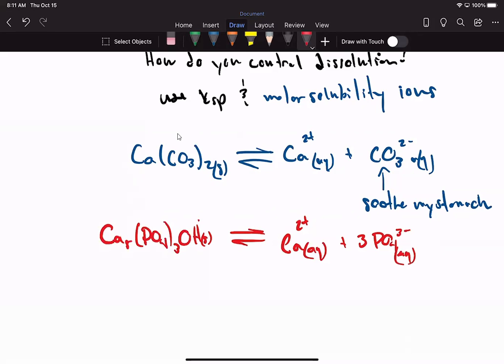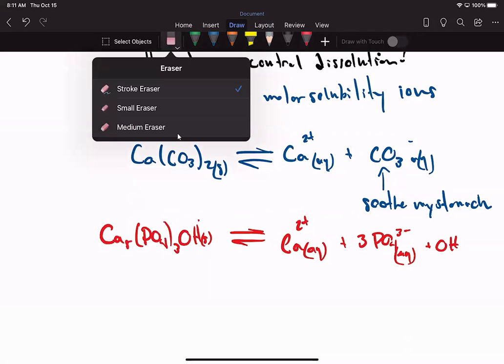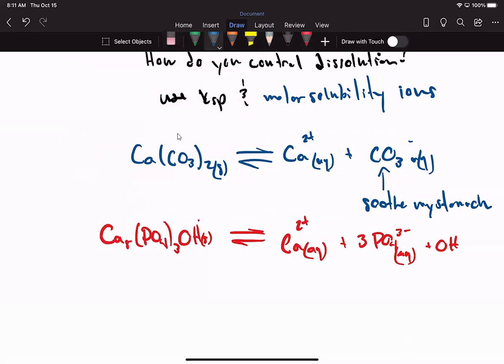If CO3 is two negative, shouldn't there only be one on the left? Or is it just one negative? Oh, CO3. So if phosphate is in the water, there should only be one.